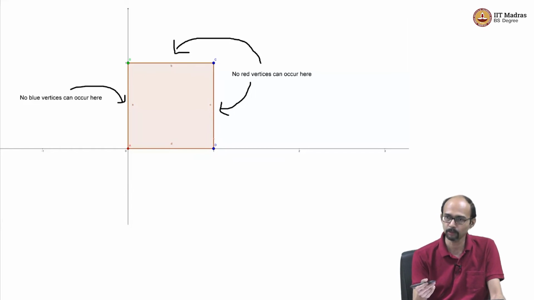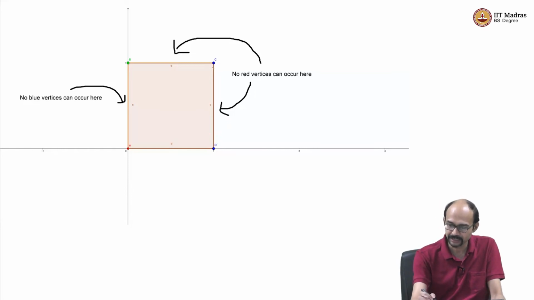So the norm of that is 1. So you can check that no red vertex can come there because the red vertex was that norm of x is strictly less than 1. So it can't come on this segment here, right? Similarly, since norm of y is 1 on this top one, you can't have any red vertex on this one. And similarly you can have no blue vertex here.